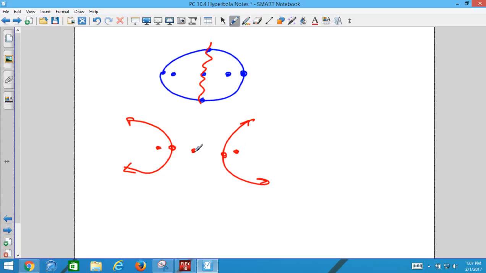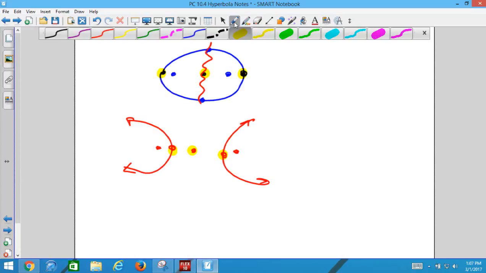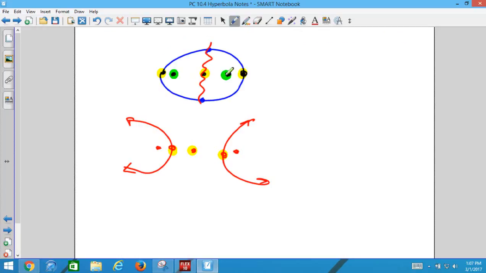Okay, so the information that we will be finding will still be a center point, and we're going to find it the same way we found the ellipse center point. We're still going to find these major vertices, similar to the way we found them with ellipses. We're still going to find the foci, but you will notice that instead of being on the inside, when it flips out, they're now on the outside of this figure.